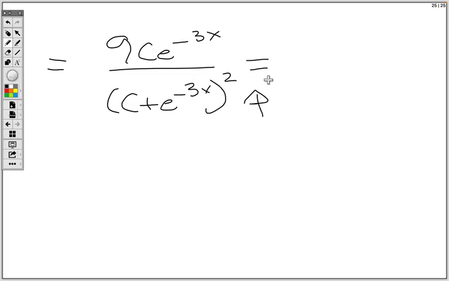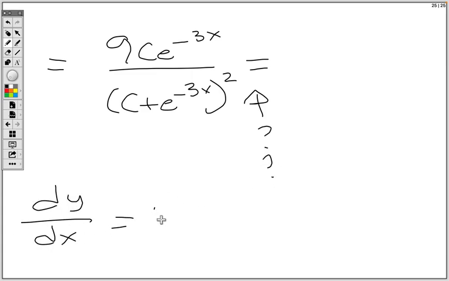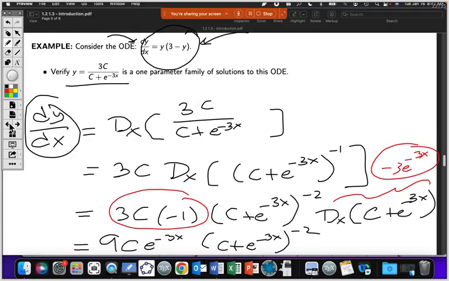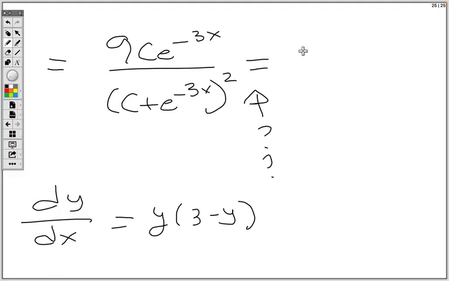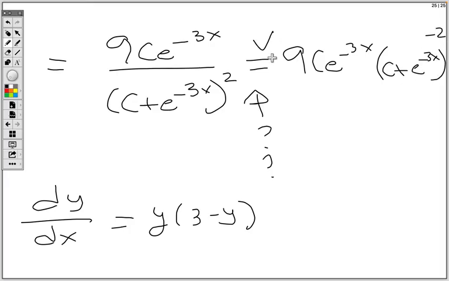And then I check, is that the same as what we got for dy/dx? We go back and look at what we got for dy/dx, and sure enough it is. It's just written slightly differently. And sure enough, that works.